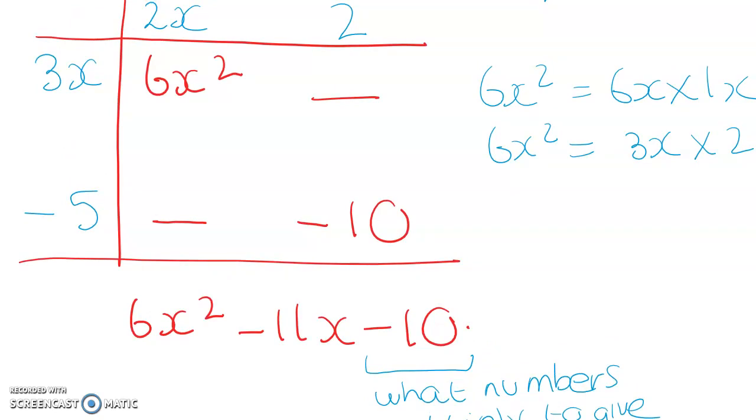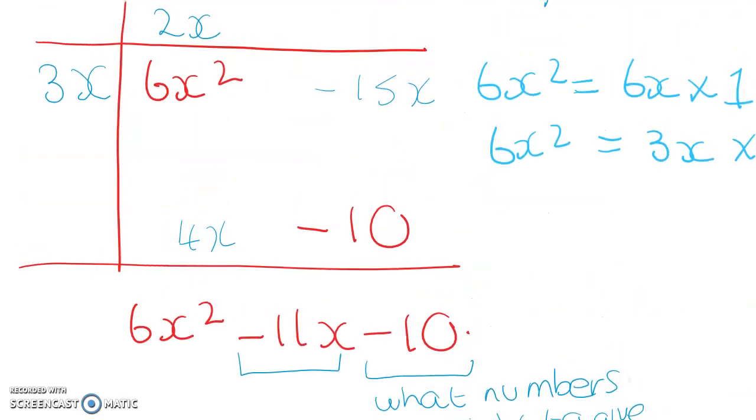But let's go back to see what I'm left with. If I complete the rest of the grid, minus 5 multiplied by 2x, I get minus 10x. And 3x multiplied by 2 gives you 6x. So the two terms there are minus 10x and 6x. They're not adding to give me the middle number. They must add to give me minus 11x.